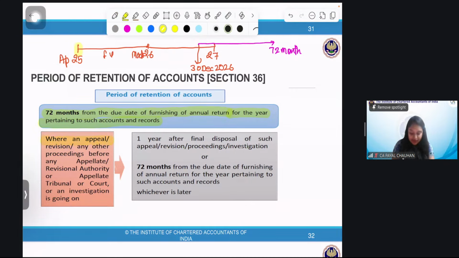Where an appeal, a revision, or any other proceeding before any appellate or revisional authority, appellate tribunal or court, or an investigation is going on.